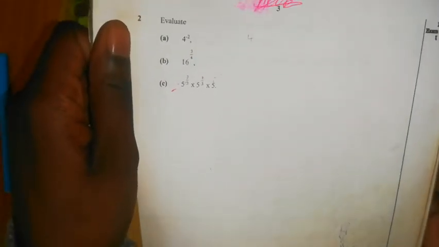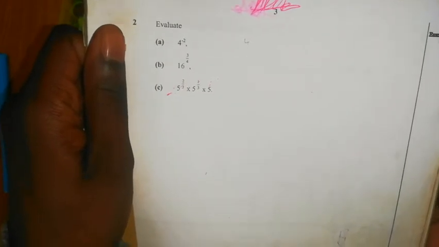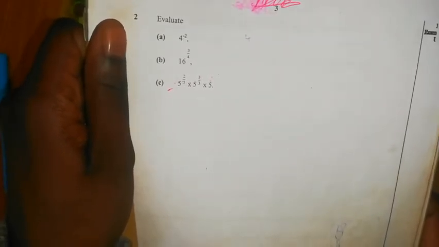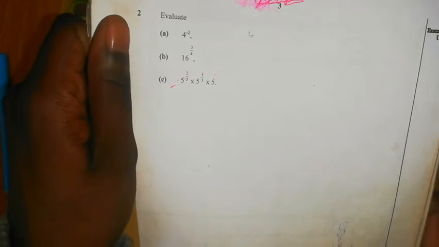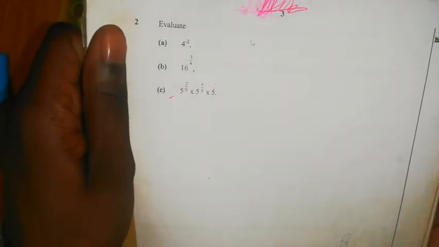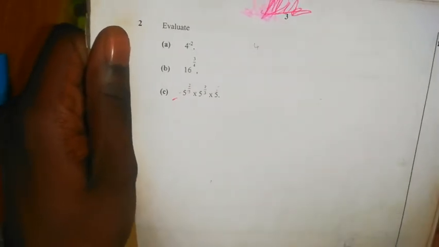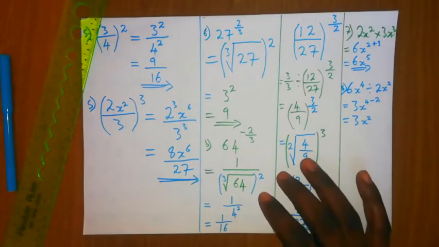There is the question. It's number 2, which says evaluate 4 to the power negative 2. Item B, 16 to the power 3/4. Then 5 to the power, some fractions there. So let's try to solve those questions.